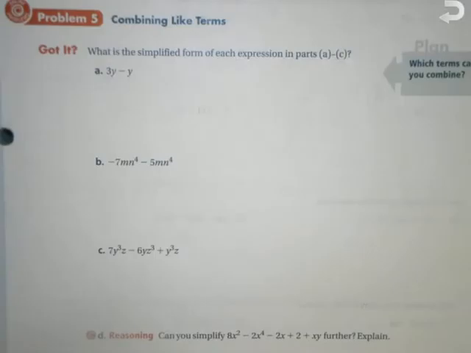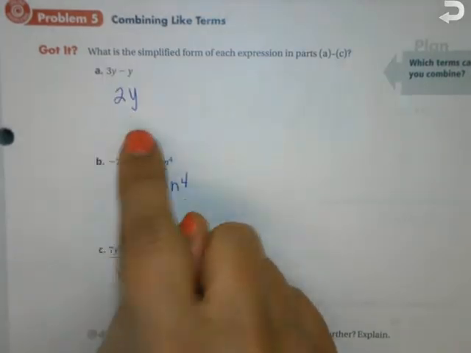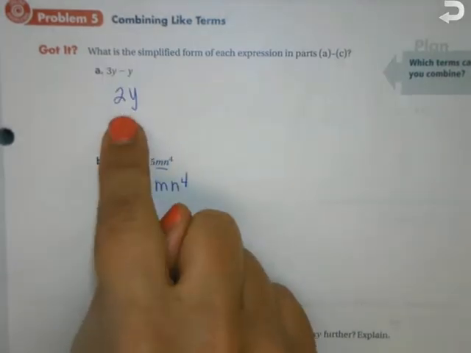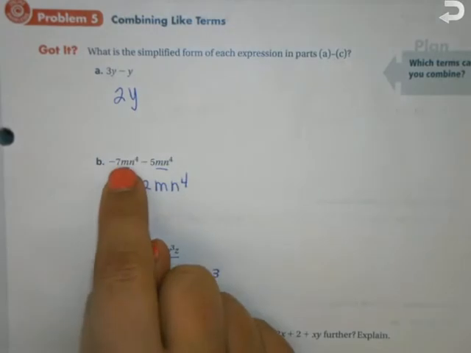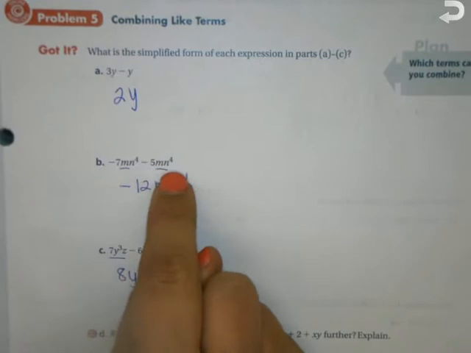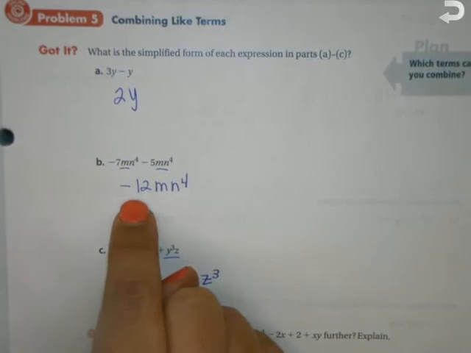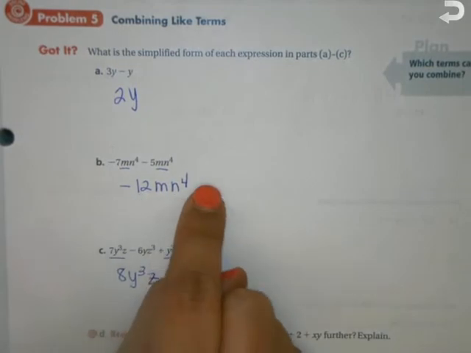Okay, guys, here are the answers. 3y minus 1y gives me 2y. Negative 7mn to the 4th, minus 5mn to the 4th. These are like terms because they both have mn to the 4th. So that's going to give me negative 12mn to the 4th, because both of these terms are negative.